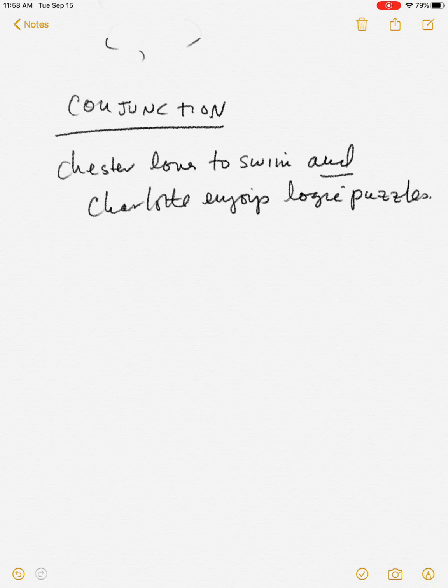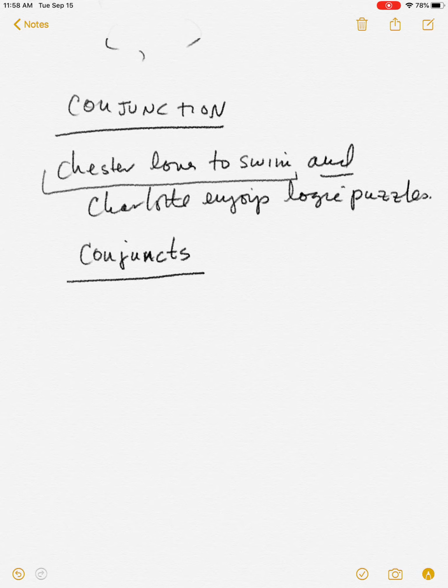Okay, so this sentence is a conjunction. It has the structure of a conjunction, and the parts of a conjunction are called the conjuncts. Right, so a conjunction has two conjuncts. And in this case, here's the first conjunct, and here's the second conjunct. Every conjunction has just two conjuncts, not more than that.